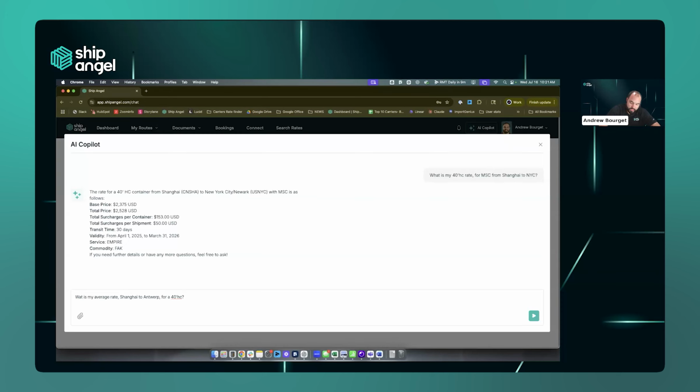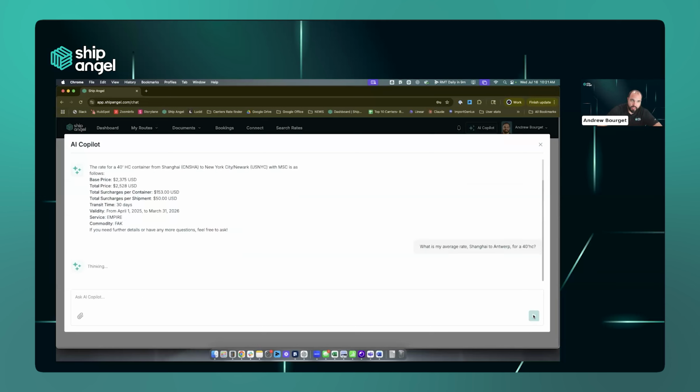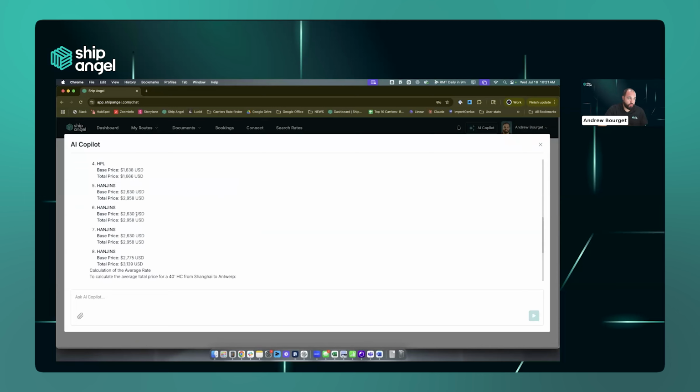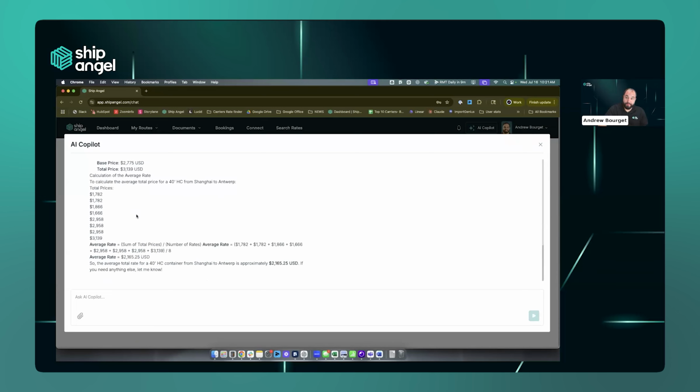And what's useful here is, again, similar to how you might use a ChatGPT or a Claude or a Gemini to help you with business decisions, we're also helping you utilize the AI to surface relevant information to then understand, hey, what's my average rate Shanghai to Antwerp? Not what's my lowest or not what's MSC rate, what's the average rate? And the system's going to be able to do the calculations for you, present the math behind it, and say, look, your average rate is $2,165.